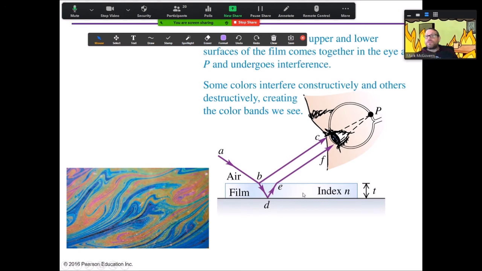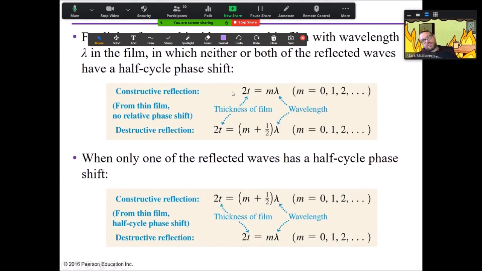When it goes through a different index of refraction, the wavelength changes, right? So if it's red light coming in, the wavelength of the light coming through here, in order to figure out the path length difference, is not the wavelength of the light that came in. You've got to figure out what the new wavelength is based on the index of refraction. There's a million things to think about in these problems.